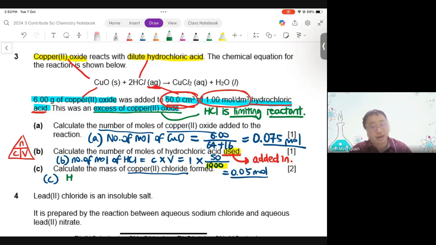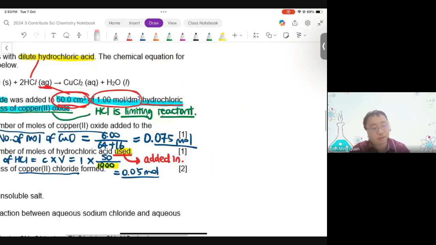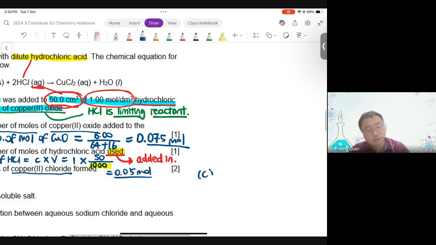So HCl is limiting. So the mole ratio you choose is HCl to CuCl2, which is 2 is to 1. Let me just write outside so that there's a bit more space. So we choose HCl to CuCl2, 2 is to 1.